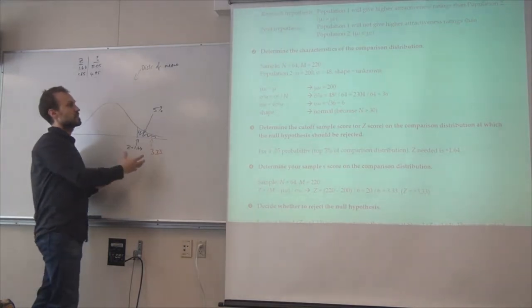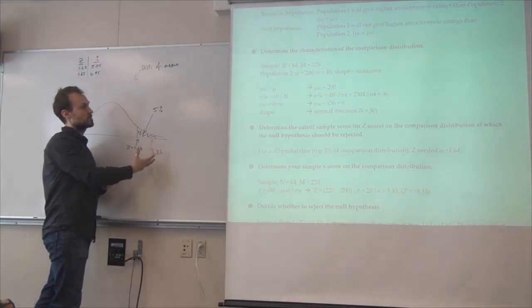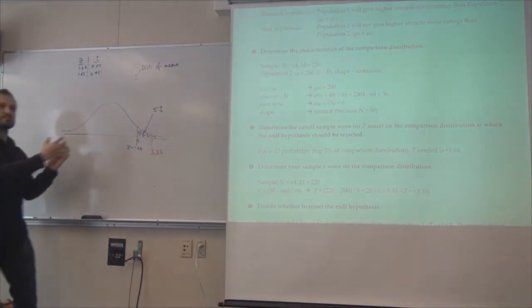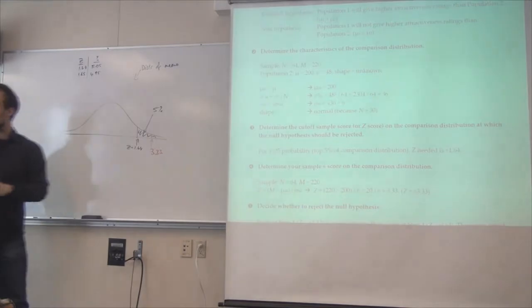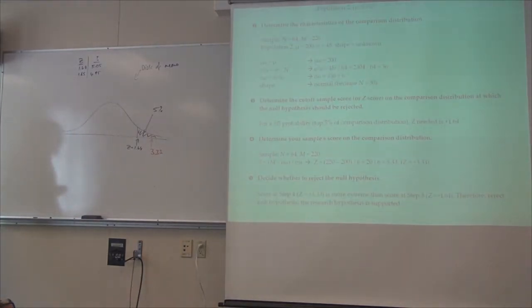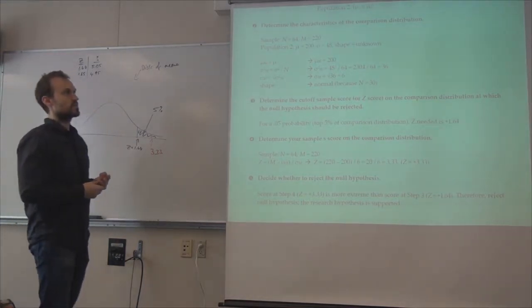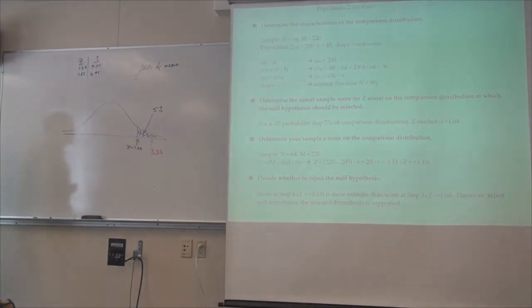So it's evidence at the 5% significance level to support the research hypothesis that there has been some sort of shift in the distribution. Any questions on that? So I reject the null hypothesis in support of the research hypothesis that there is some change. The mean is higher.